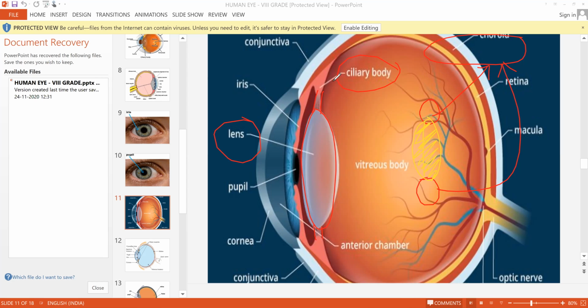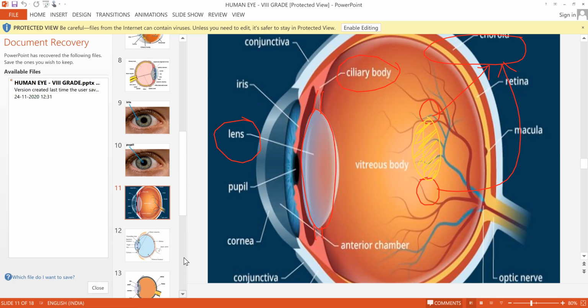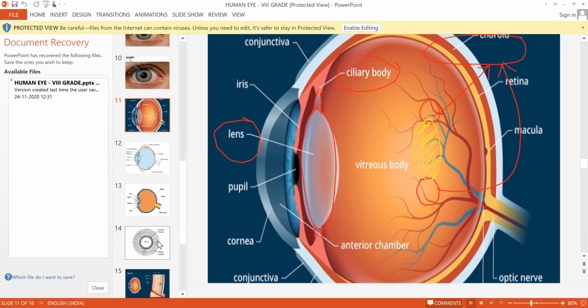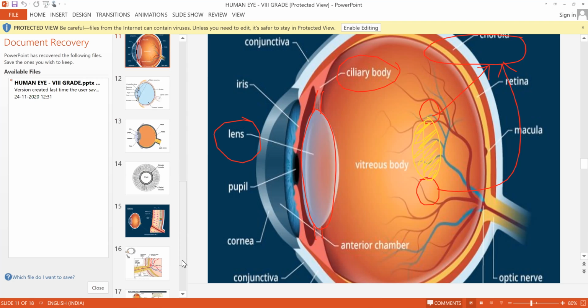So the next important one, 1 minute children, I'll show you the picture. So iris we have. Iris only, na? Yes, miss, it's the iris.